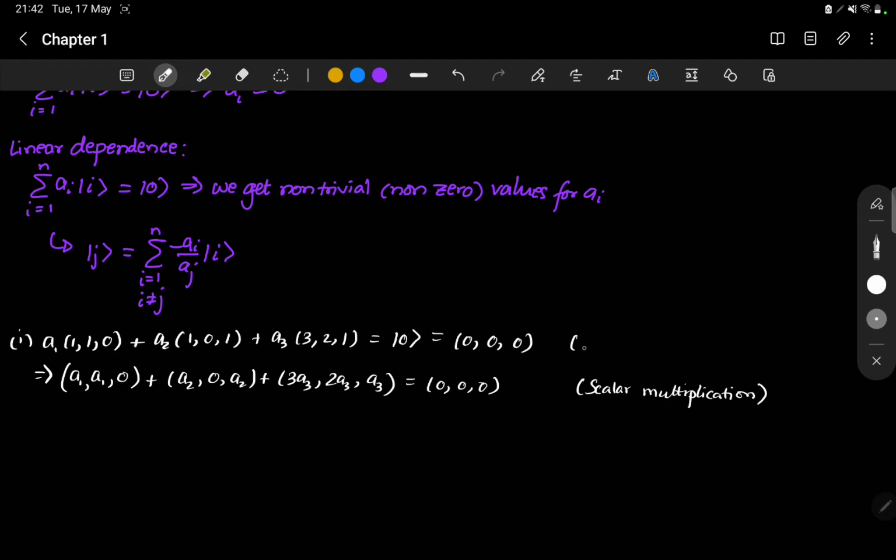This thing over here was our null vector, and then let us add these. Then what do we get? a1 plus a2 plus 3a3 comma a1 plus 2a3 comma a2 plus a3. This is from the definition of addition.